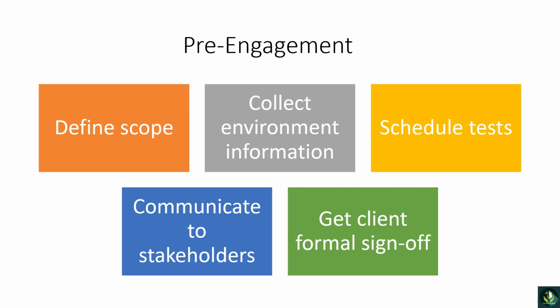The third phase is scheduling the test, which is what the name says. You schedule a date and time for the test to be performed with the client. The fourth phase is to communicate to stakeholders, which means informing other affected parties about the upcoming test.